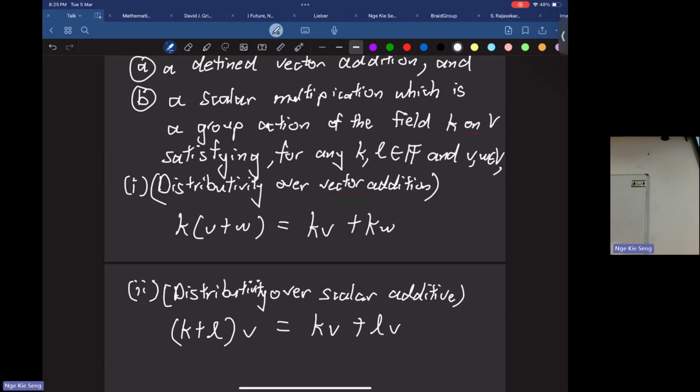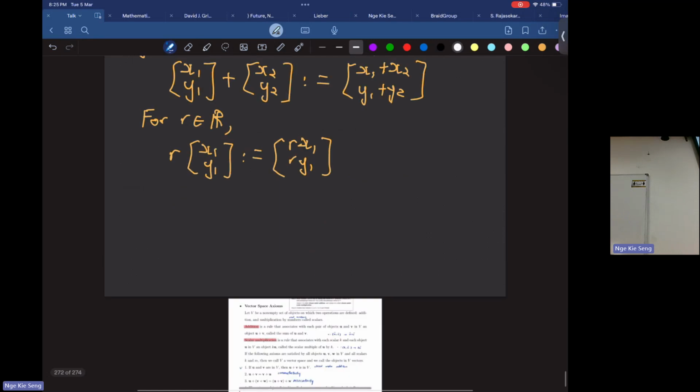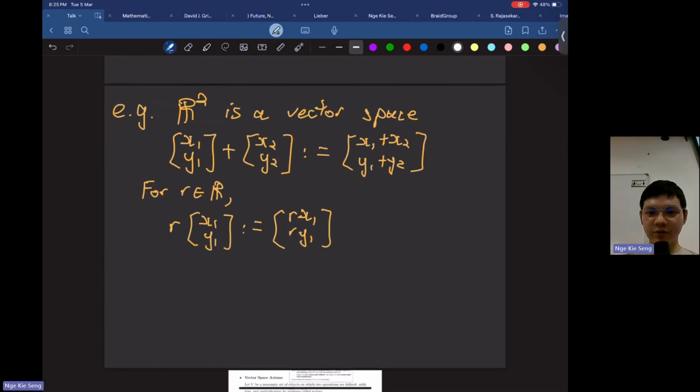We want something that commutes: we can do addition first and then multiply, or multiplication first and then addition. It's the same thing. This is what we say is commuting. I didn't tell you what it is, but in future if you hear about this thing, maybe you can relate.